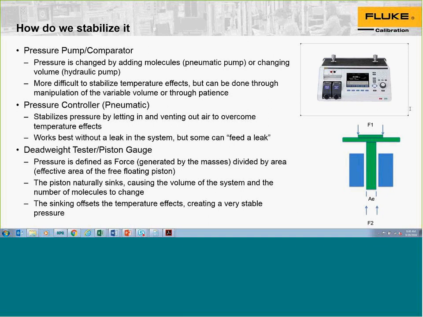In the ideal world, we would collect as much data as possible, and so we would perform our calibrations at an infinite number of points in both directions. But if the device is shown to not have hysteresis, then it can oftentimes be determined that it's not necessary to continue taking those points.